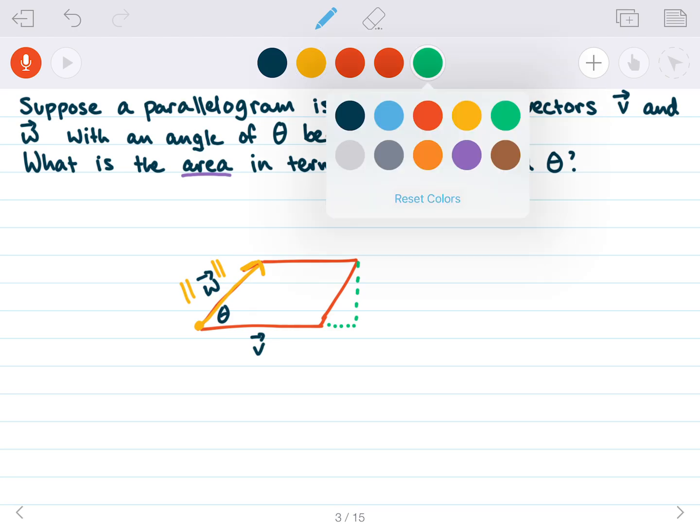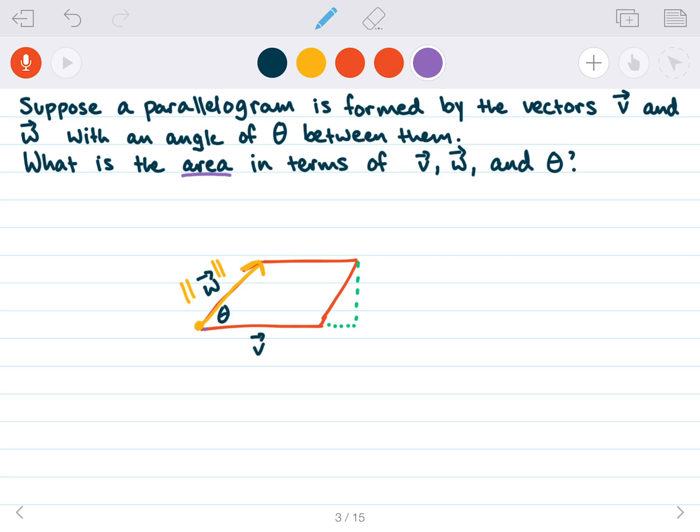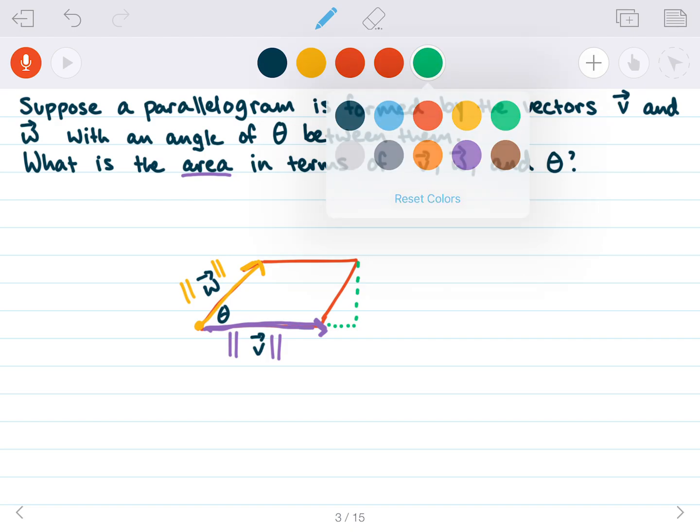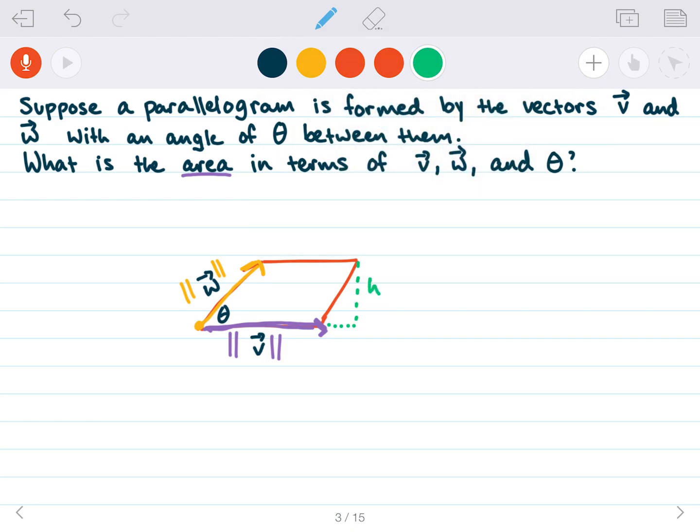And then we have v right here, so this is going to be the magnitude of v. It's the length of this purple vector right here. Then we have some height associated with the parallelogram, from the top to the bottom. So the question is, how can we get the area formula in terms of v, w, and theta?